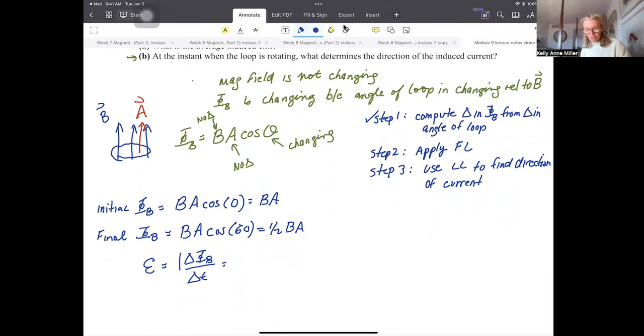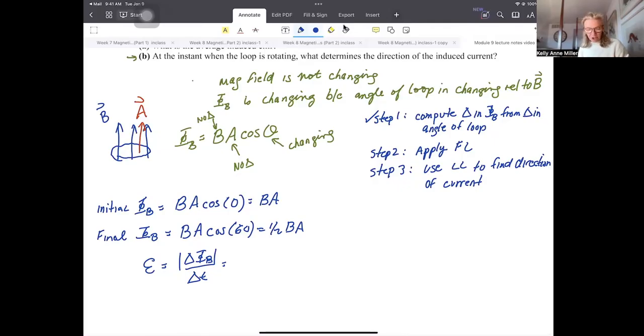And for reasons that I explained in the last video, I like to just calculate the absolute value and then figure out the direction with my hand. You can do it however you want, but I find it easier and more reliable to figure out the direction based on the logic I explained in the last video, as opposed to relying on the sign from the math.